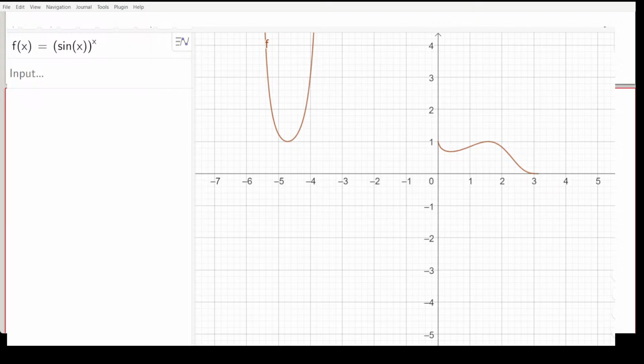Okay. Now, this one. Just try this. Try to find this limit.